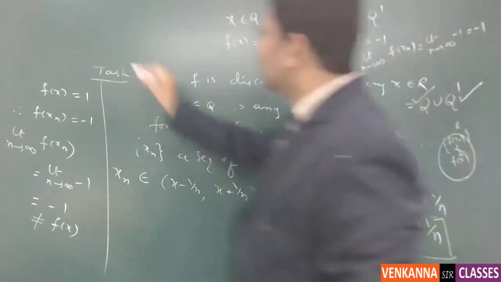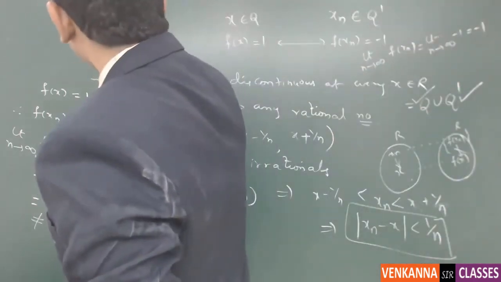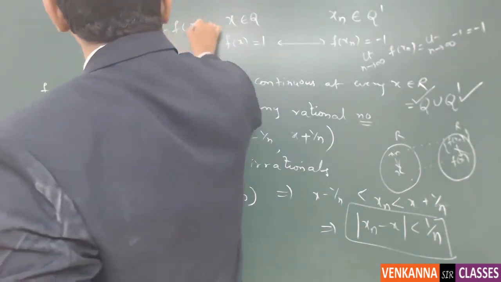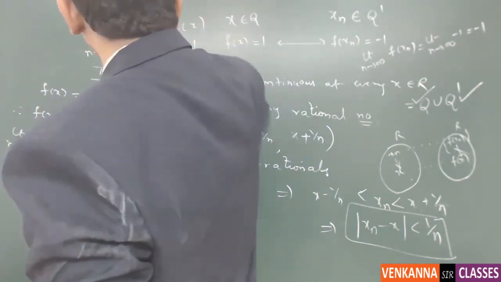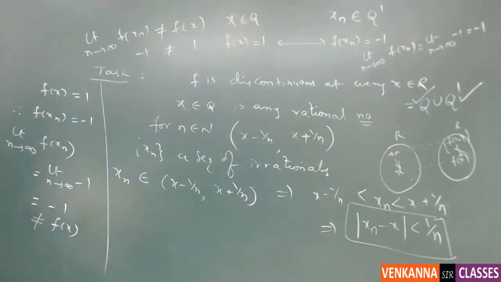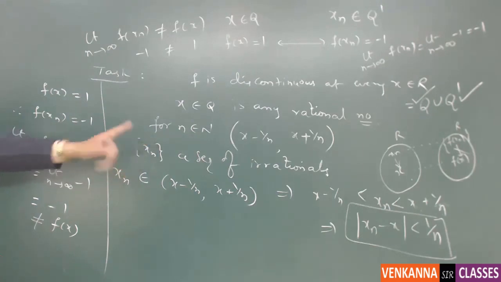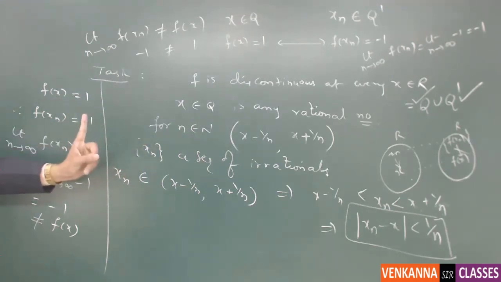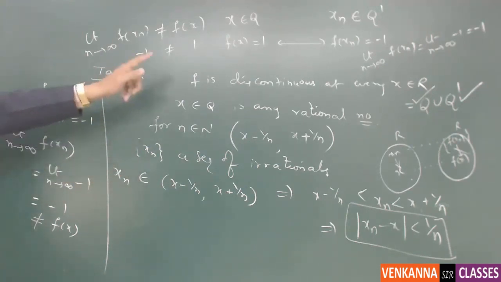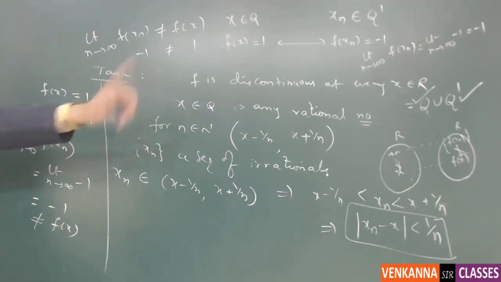So it means that limit n tends to infinity f of xn is not equal to f of x because its value is 1, its value is minus 1. Both are unequal. So in the domain, I have identified one sequence xn which is converging to x such that the respective image sequence is not converging to the respective image.